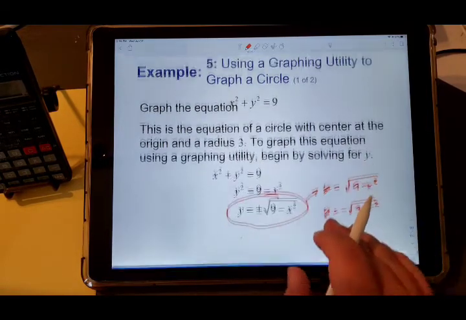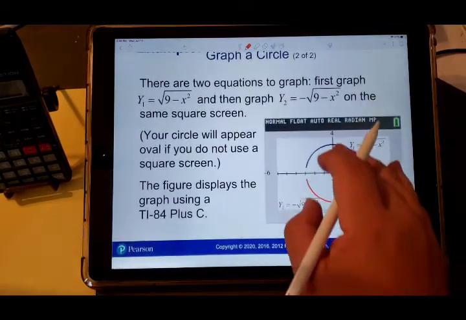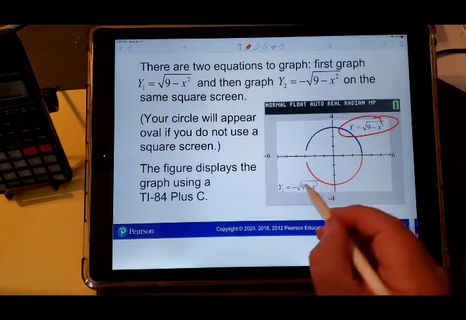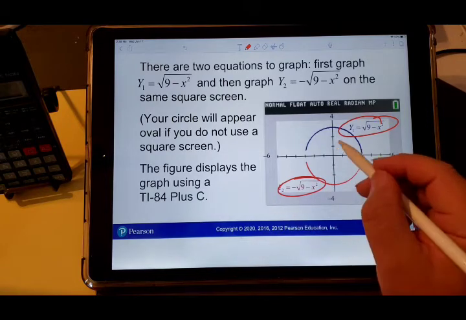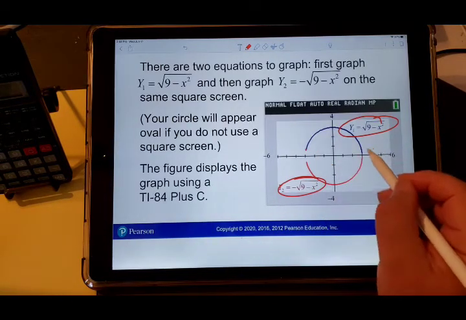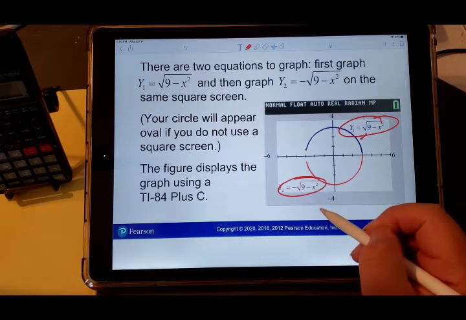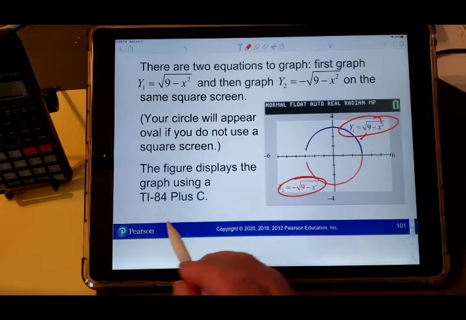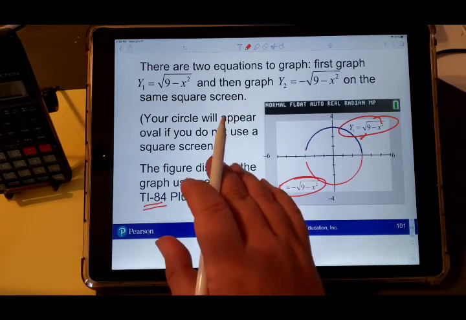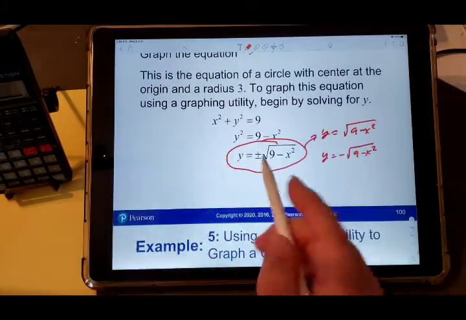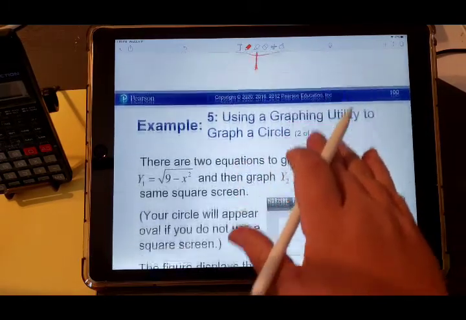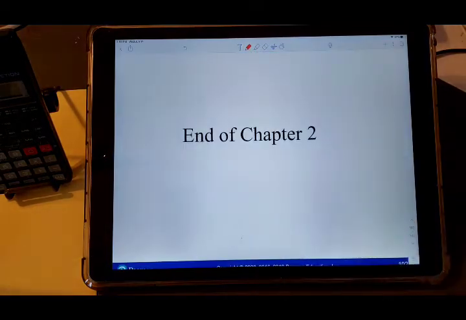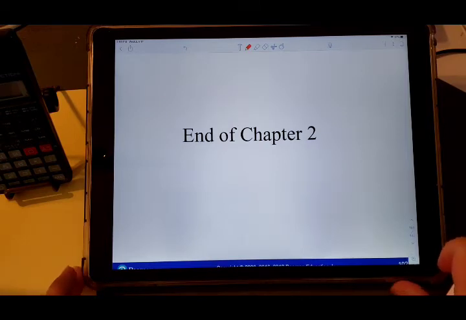And if you're going to use a computer to graph it, you would most likely have to graph both of them separately. You don't have to graph them in separate colors like they did here, but they were just saying, graph one of them and graph the other, because a graphing utility like a TI-84 isn't going to let you put in a plus or minus. It's just one of those adjustments we sometimes have to make when you have a plus or minus. But graphing calculators are not required, and I really don't even talk about them. But that's it.